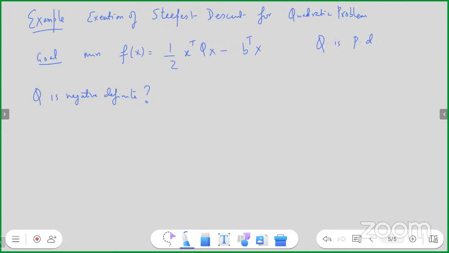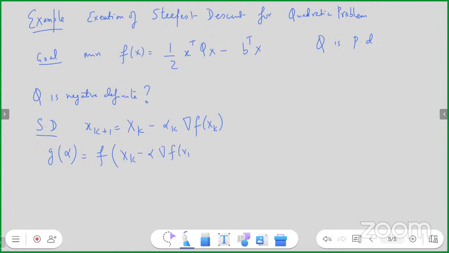Oh, so let's see the execution of steepest descent. So x_{k+1} will be x_k minus alpha_k gradient f of x_k. So let's call g of alpha to be f of x_k minus alpha del f of x_k, and we would like to find alpha as before.